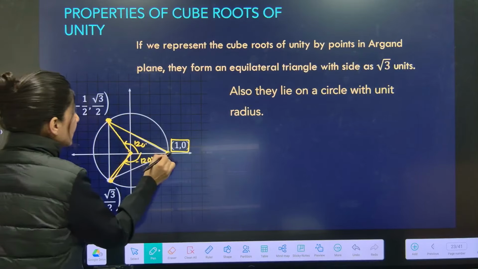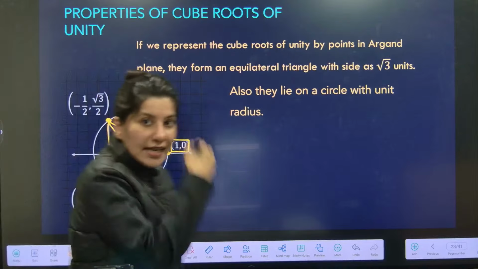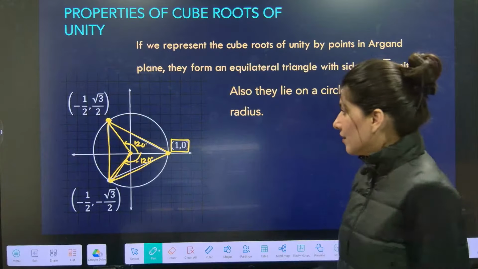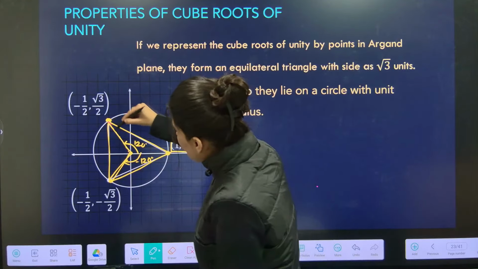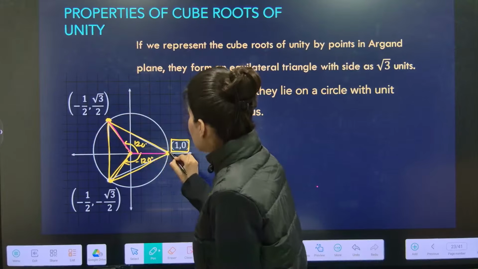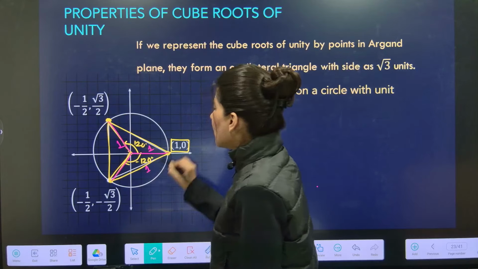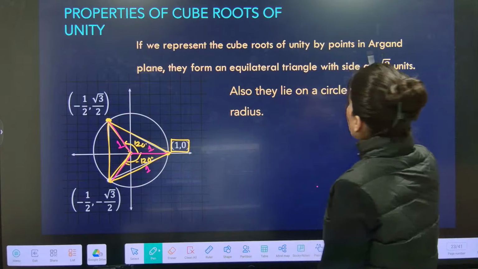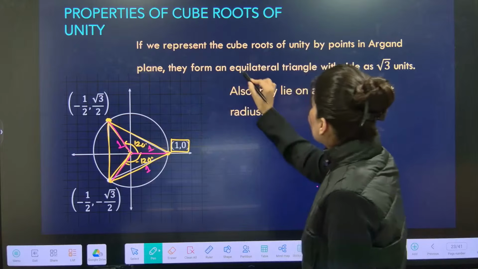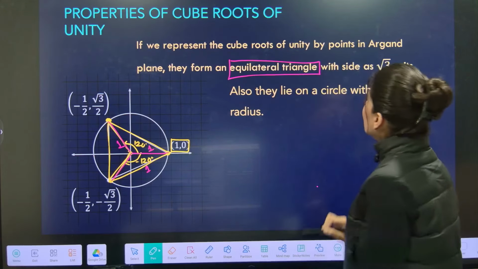Now, if you join these 3 points, you will realize that they lie on a unit circle. Why a unit circle? Because if you find the distance, this is 1, this is also 1, this is also 1. So if we represent cube roots of unity by points in the Argand plane, they form an equilateral triangle with side root 3 units.